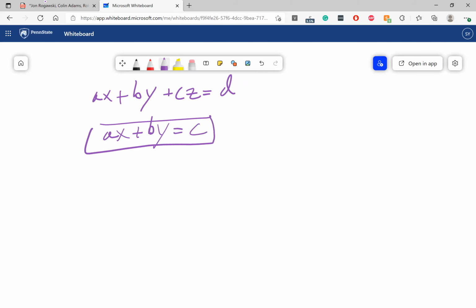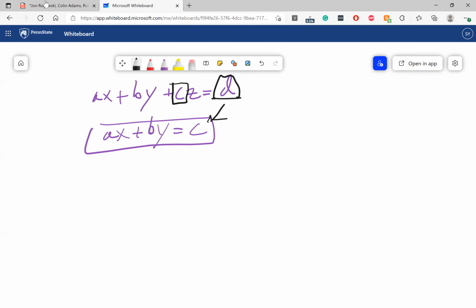This characterizes a line. And generally, if we're finding the slope, we put the y on the other side, and the c is the y-intercept, and we divide by b. But this, of course, is an equation of a line. So similarly, we would want to be able to find the equation of a plane. And for an equation of the plane, we just add another coefficient for our z dimension, and we still have this constant. But instead of c, we just use d to simplify things.